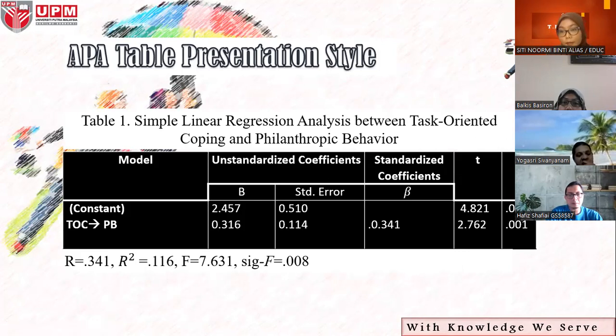For the model fit, we report below the table. R equals to 0.341, even though we do not interpret the R value, we just report. R square we report and we interpret. F and significant F we report and we interpret. Okay?